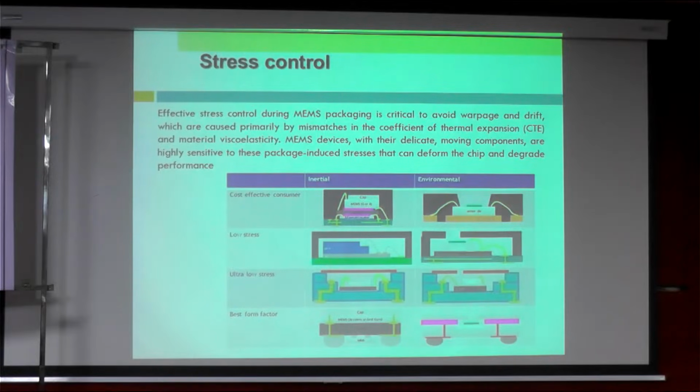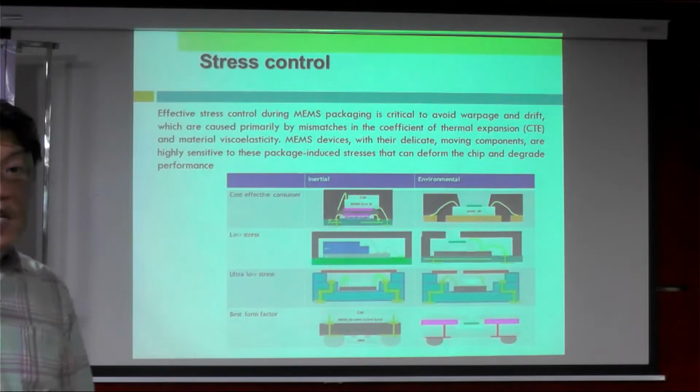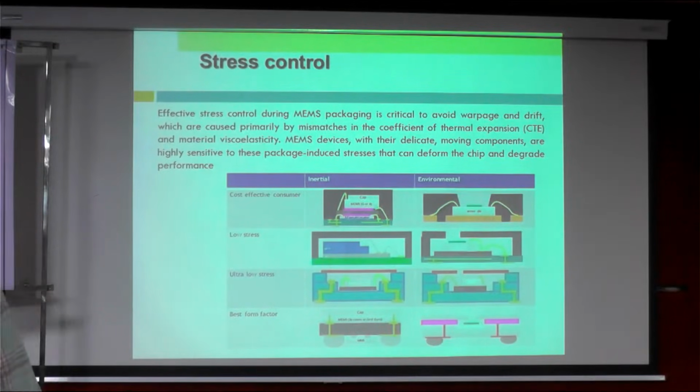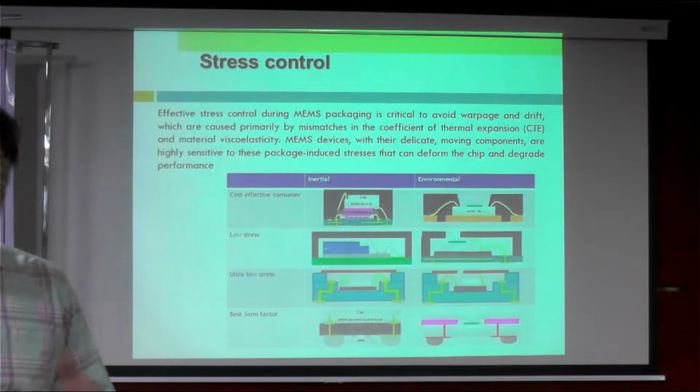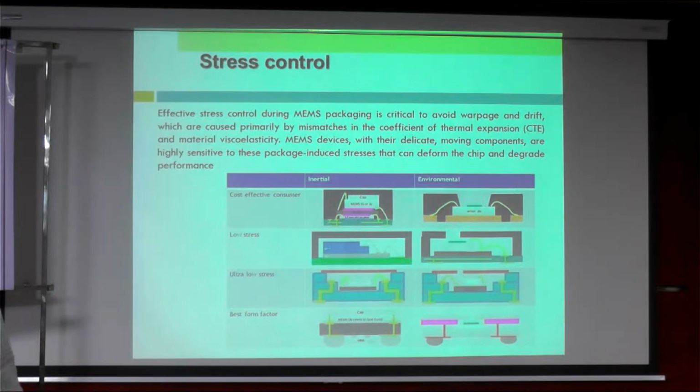So if we have a material with a high coefficient of thermal expansion, and it operates in a high temperature range, for example from 10 to maybe 80, the expansion of the material might cause bending and thermal stress. This thermal stress can damage the component.